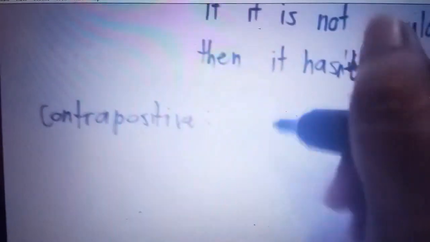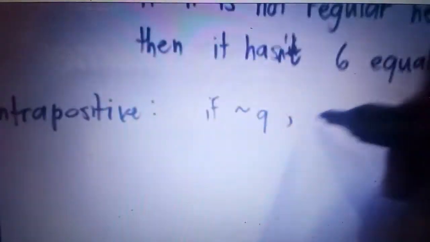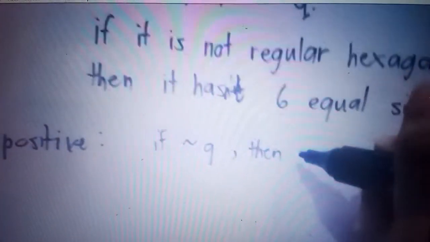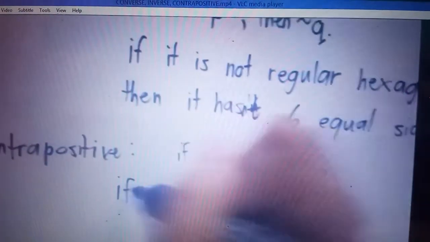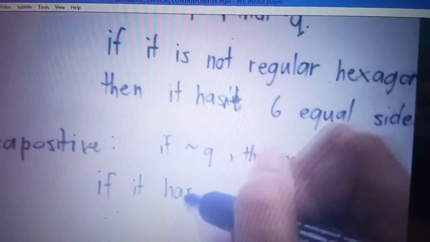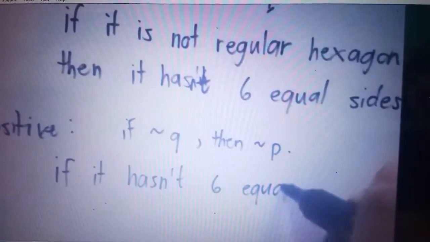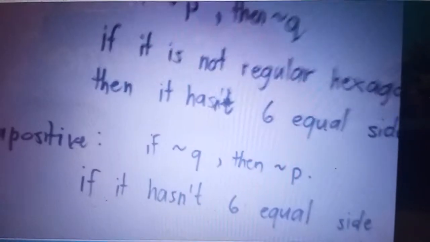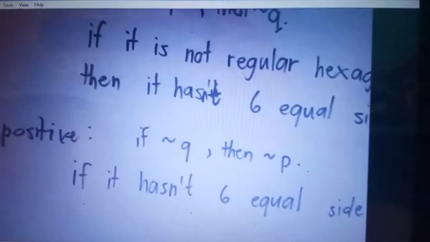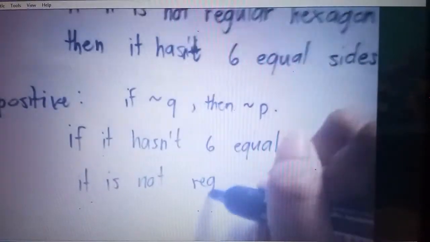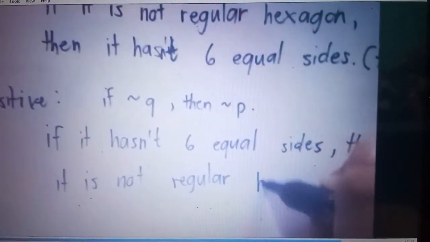The form we have here is if not Q, then not P. So if it doesn't have 6 equal sides, then it is not a regular hexagon. This is also a true statement.